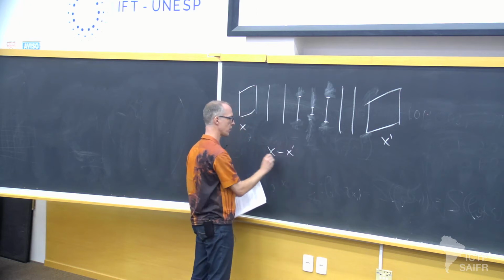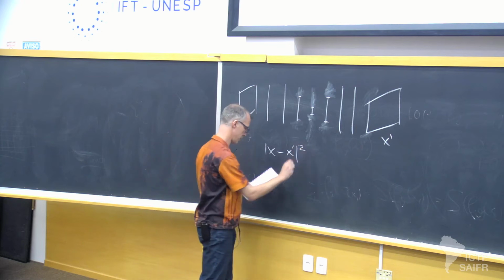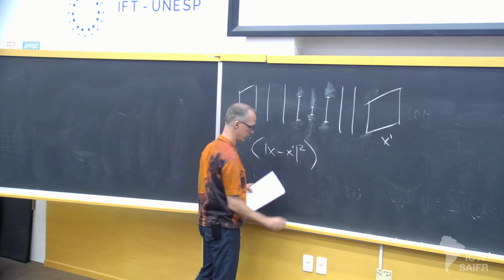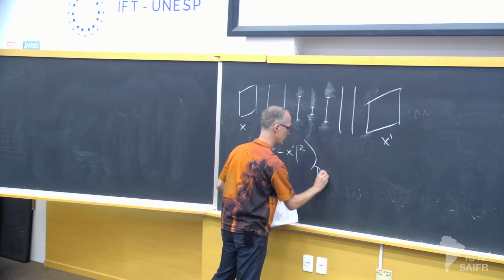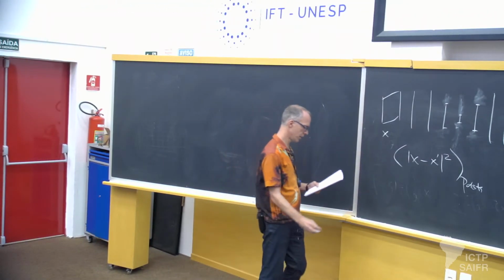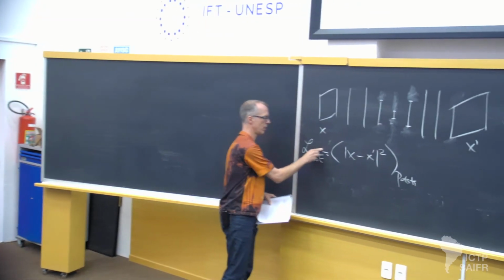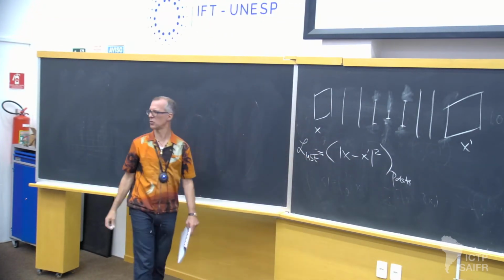And the reconstruction error is just some kind of x minus x prime squared, sampled over some data distribution p data. That's a reconstruction error, and this is an MSE. That's also the simplest loss function you can have for that.